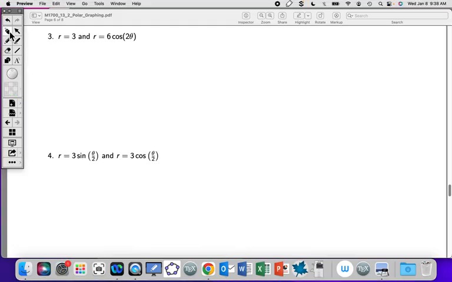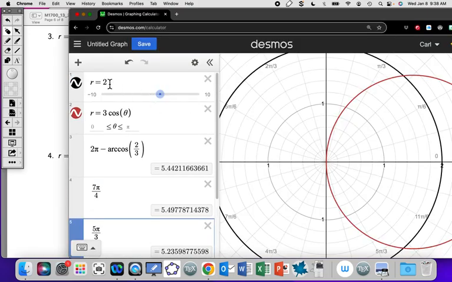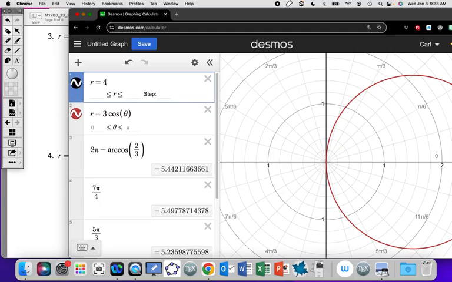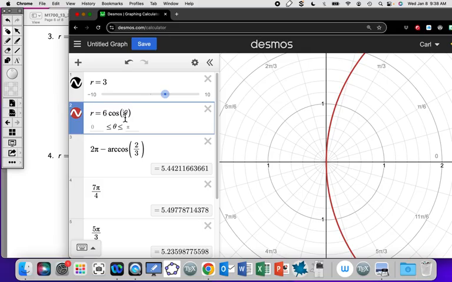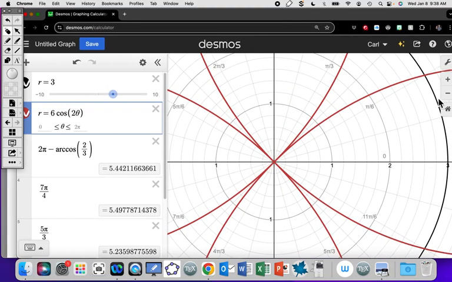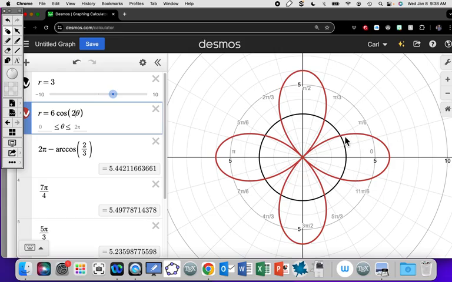So let's fire up Desmos, do a quick check here. So we're looking at r equals 3, and r equals 6 cosine 2 theta. I'm going to zoom out a little bit so I can capture all the action. And you're instantly met with how many intersection points? 8. Which are the ones that we found?